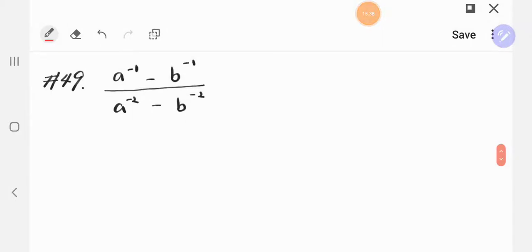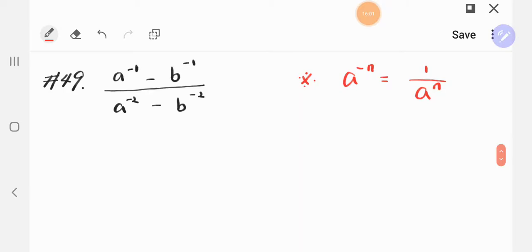Okay, this time let's try exercise number 48. To do this one, do you remember the formula? If an exponent is negative, then you move this expression to the denominator, then the exponent of the denominator is positive.